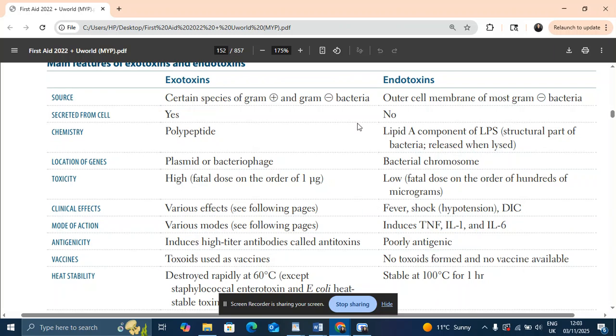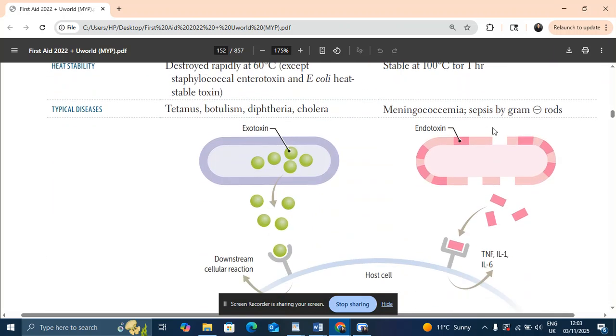Remember, look at this image: when endotoxins are released by bacterial lysis, they bind to the receptors on the host cell, and then the host cell secretes TNF alpha, interleukin 1, and interleukin 6. These three are pro-inflammatory cytokines. They induce inflammation, they promote inflammation.